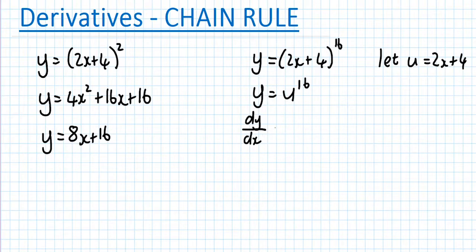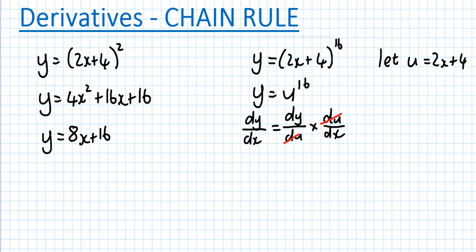So dy/dx is going to be, using the chain rule, dy/du times du/dx. And as you can see, the du's will actually cancel out, leaving us with dy/dx.